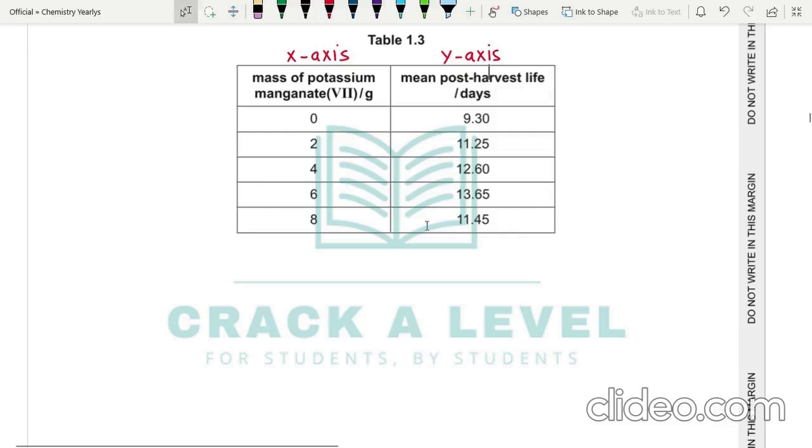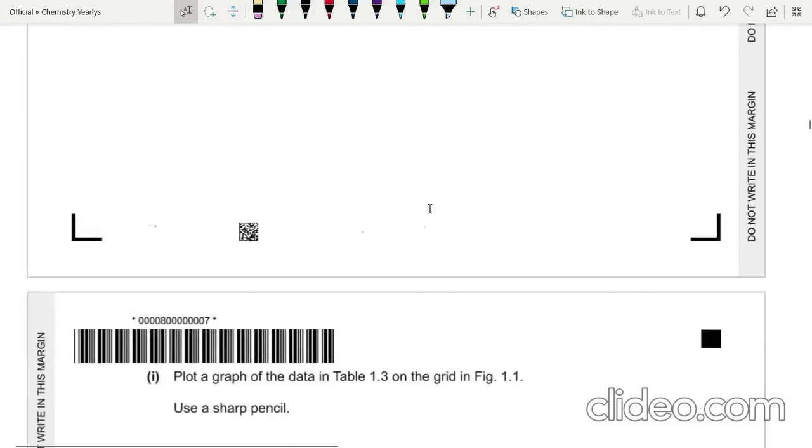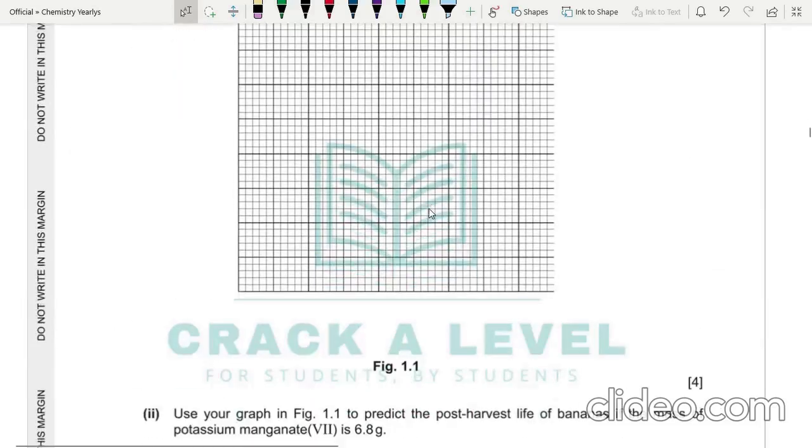So we will assume 14 as a reasonable value to have a suitable scale. On the x-axis we have 4 full boxes, so we could use 2 as a suitable scale: 2, 4, 6, and 8.